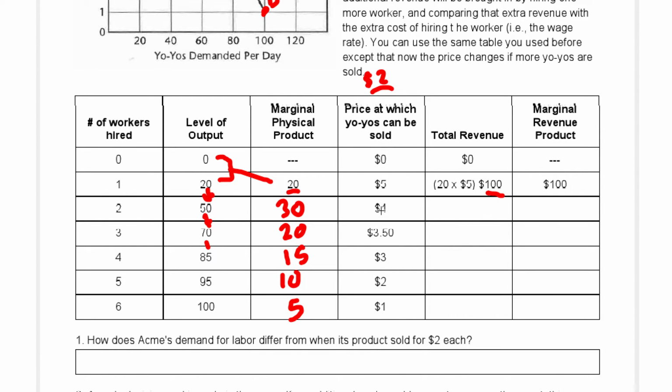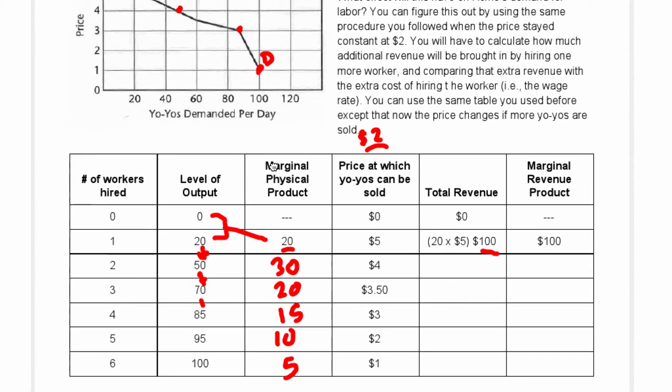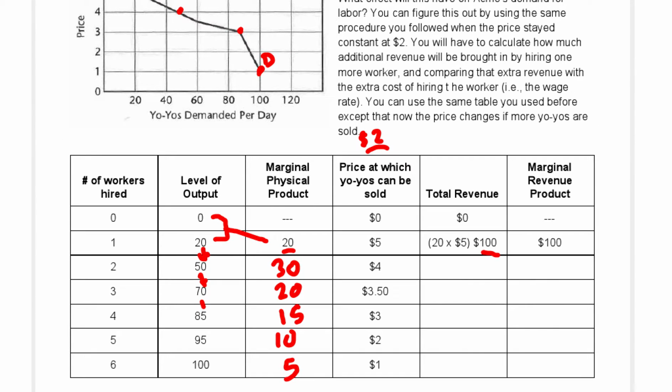Next, if I'm going to produce 50 yo-yos, looking at our demand curve, I can sell them for $4 each. 50 times $4 is 200.